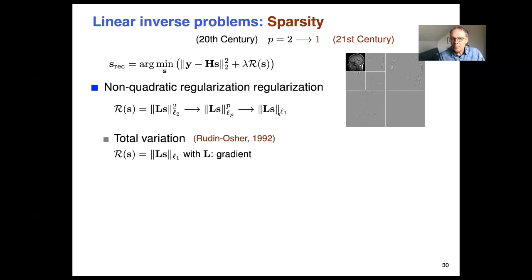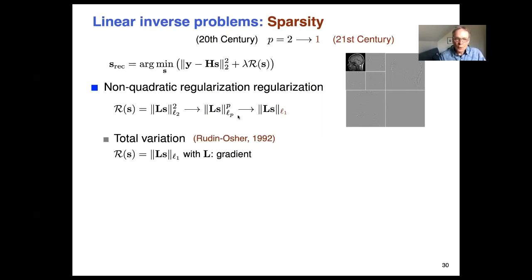And it is known in mathematics that if you minimize the L1 norm, you tend to promote solutions that are sparse, so that have a few significant coefficients, but the majority of coefficients is close to 0.